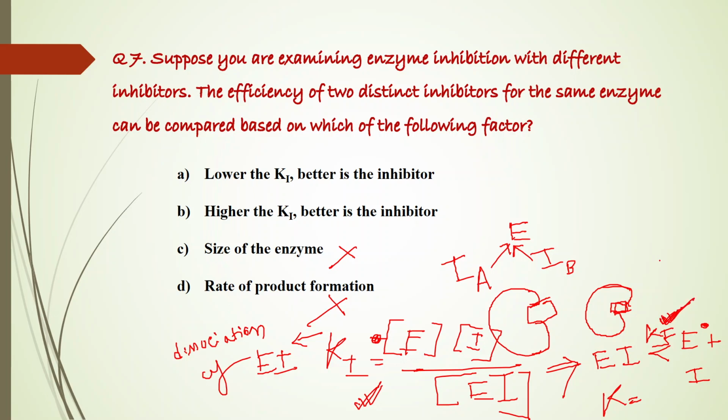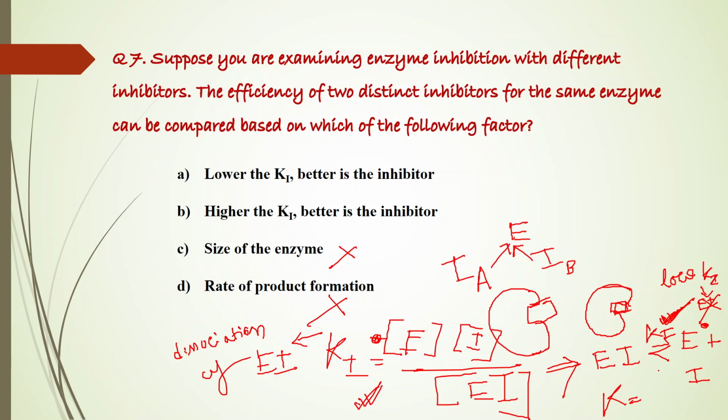Lower the dissociation constant, or Ki, the less breaking of the EI complex. That means there will be very little free enzyme that can react with the substrate molecules. If they cannot react with the substrate molecules, our overall reactivity will be decreased.